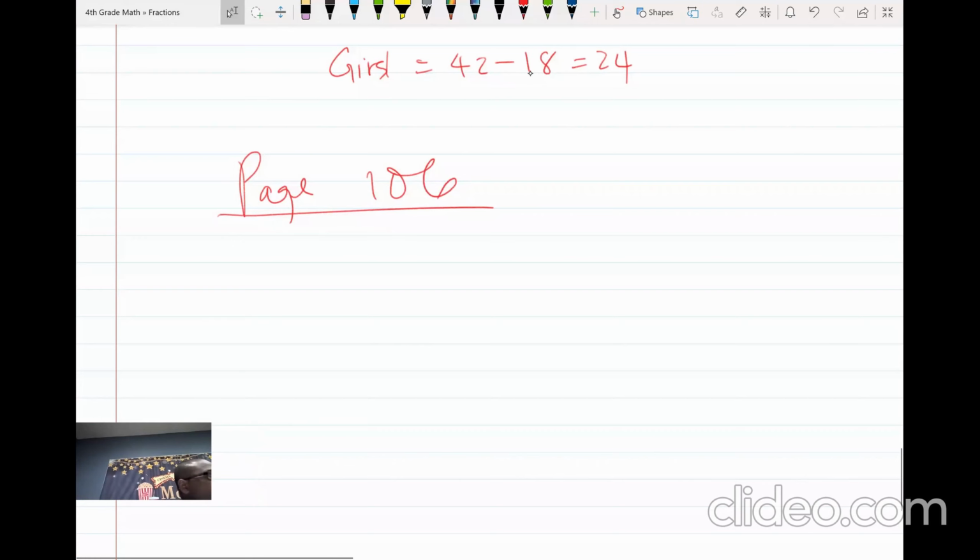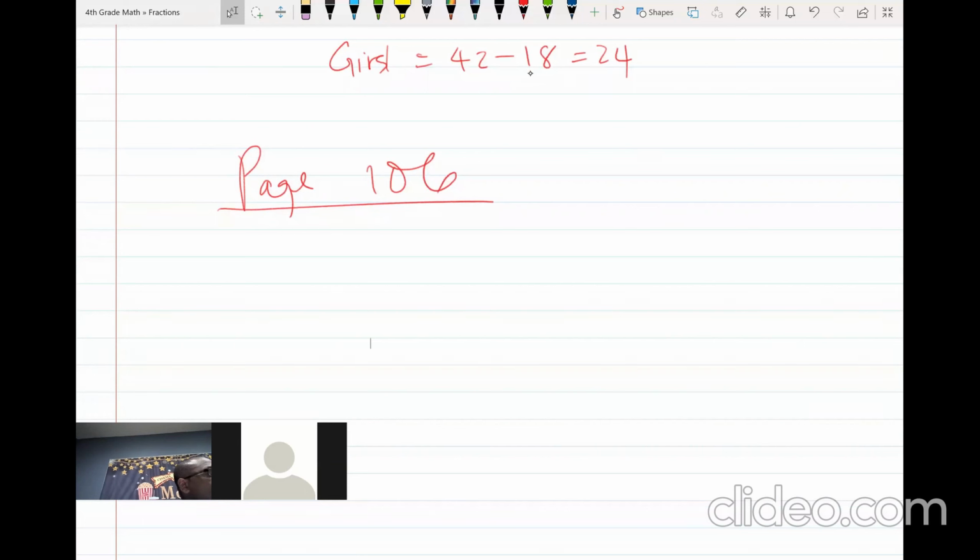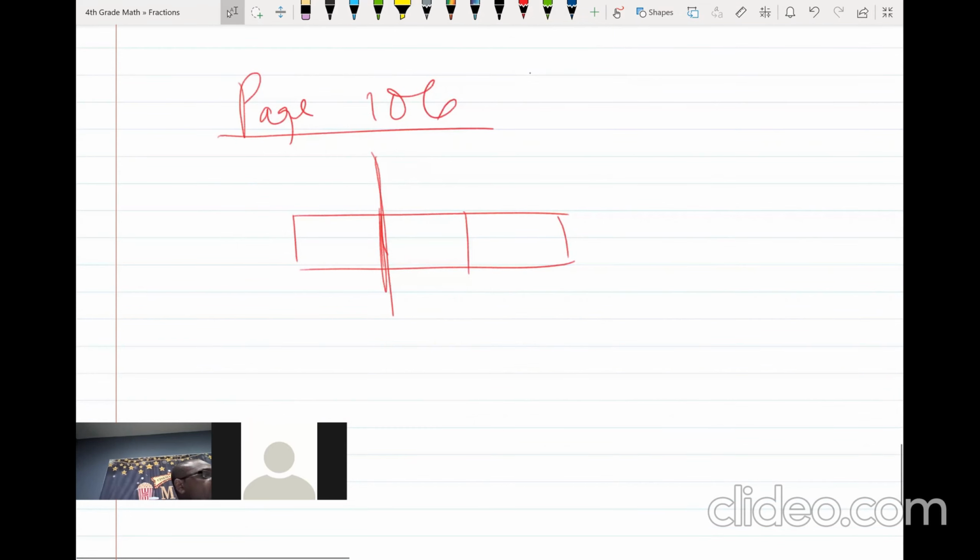Okay, page 106. Reed bought a packet of flour, and she used 1/3 of the flour to make bread. So let's go here, 1/3. If she used 6 kilograms to make bread, this portion here is the 1/3 and it's 6 kilograms.